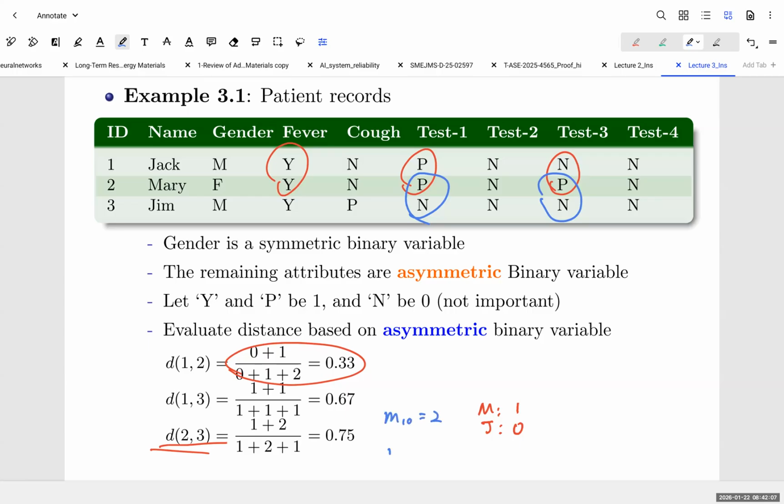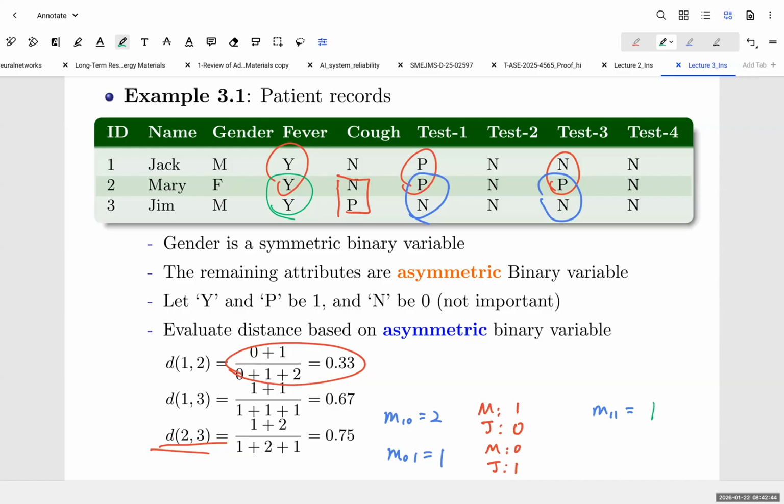Then for M01, Mary is negative, Jim is positive, this one, so just 1, right? Then M11, we have this fever, it's just 1, right?